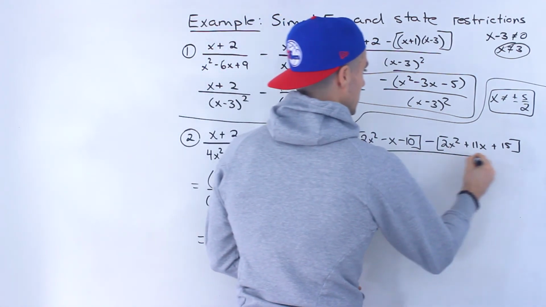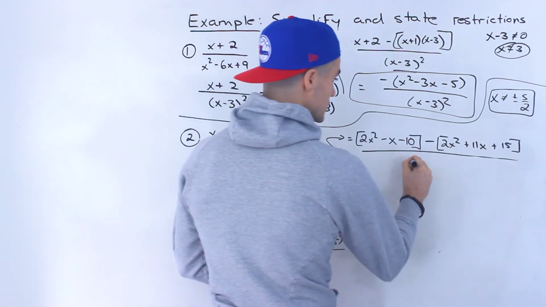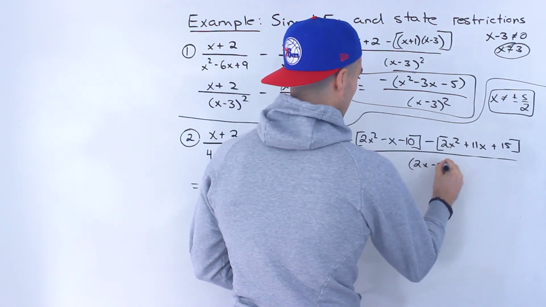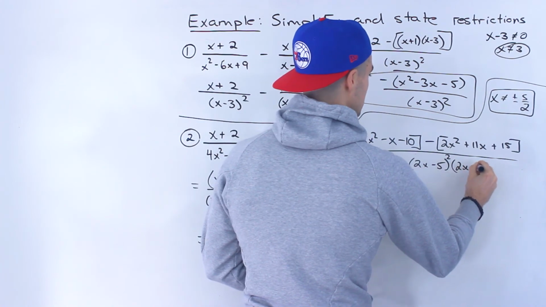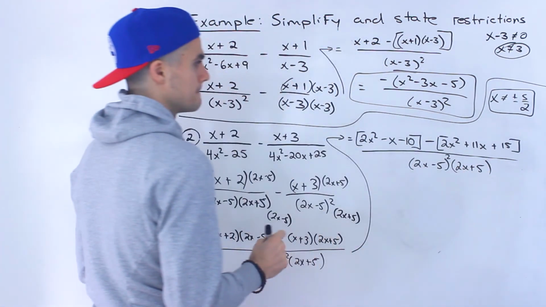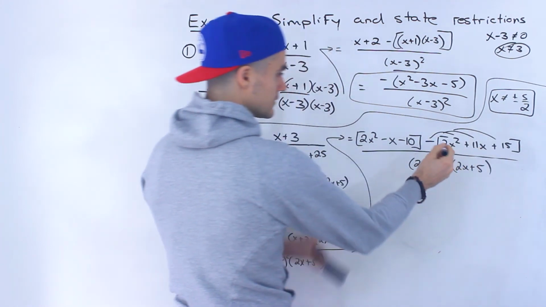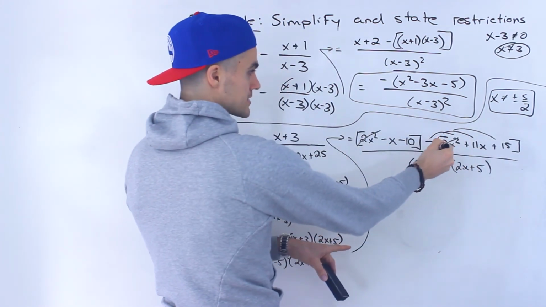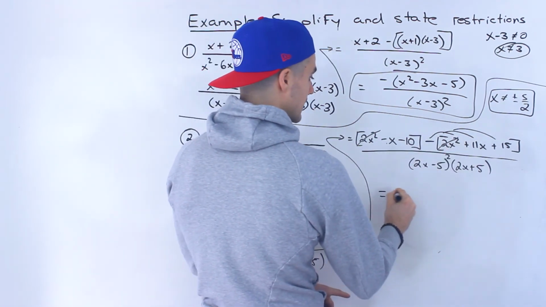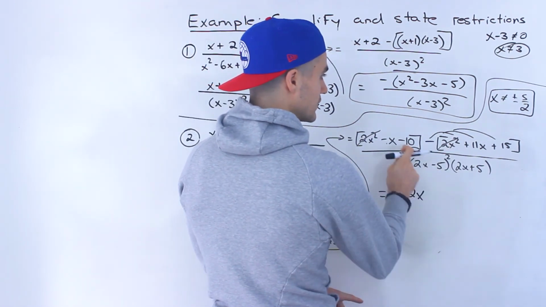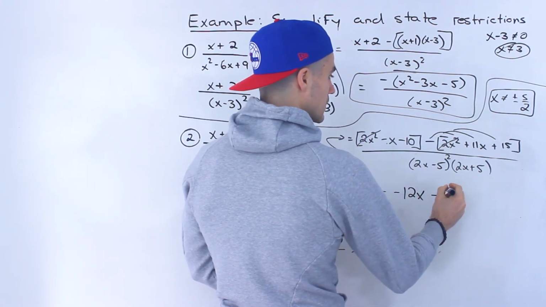And then this is going to be all over that same denominator of 2x minus 5 to the power of 2, 2x plus 5, like that. Now notice that here we're going to have to distribute this negative inside the bracket. The 2x squareds would actually cancel out. Then we'll have negative 1x minus 11x, which would give us negative 12x. Then we'll have negative 10 minus 15, which would give us negative 25.